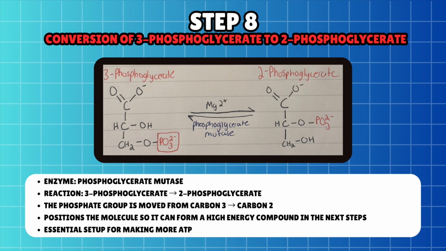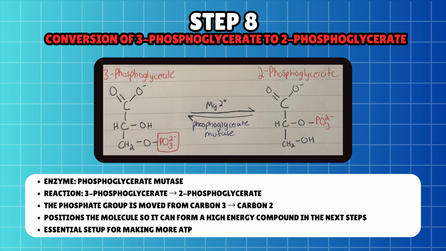So now we're on step 8, the conversion of 3-phosphoglycerate to 2-phosphoglycerate. This reaction starts with 3-phosphoglycerate, ends with 2-phosphoglycerate, and the enzyme being used in this reaction is phosphoglycerate mutase.